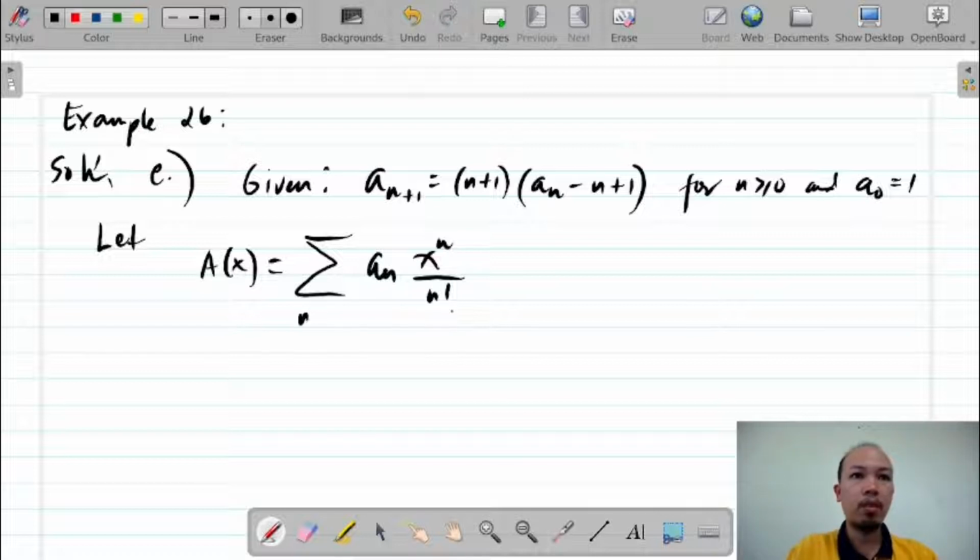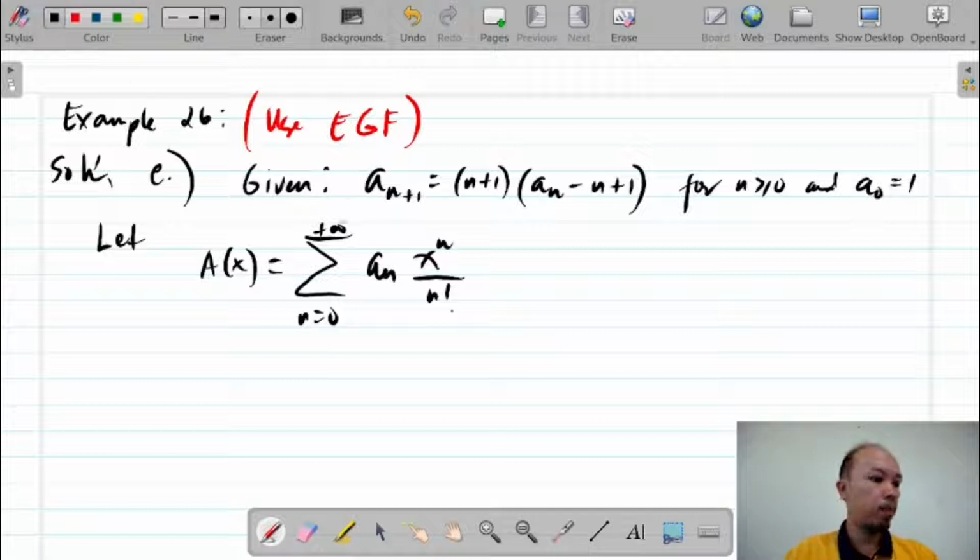So we will solve this problem using exponential generating function, EGF. But maybe you can try it at home using ordinary generating function if it will work. But as of the moment, let's try to solve this using exponential generating function.